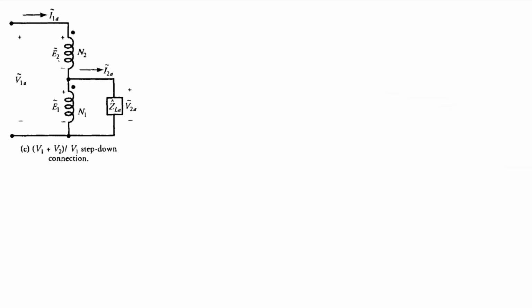Now we'll see another step down configuration, which is V1 by V2 upon V1. In this connection, if we can see, the E1 winding, or the winding associated with E1, is common to both primary and secondary side, right?